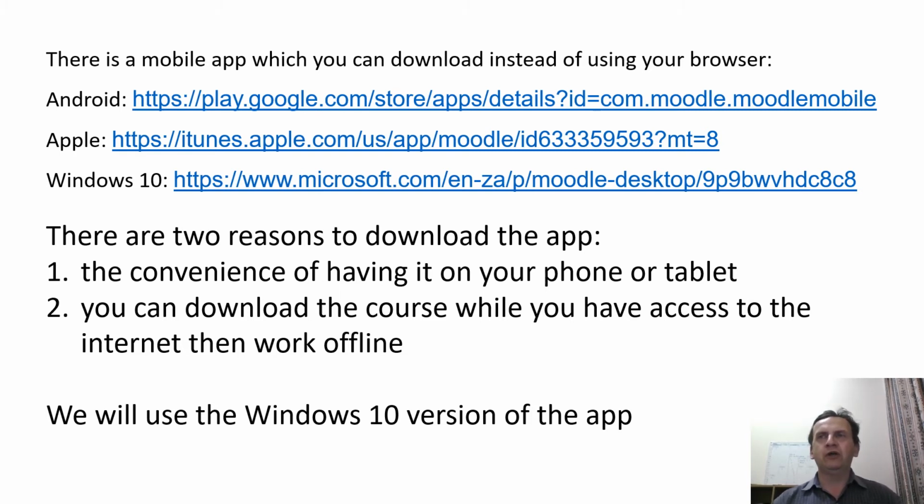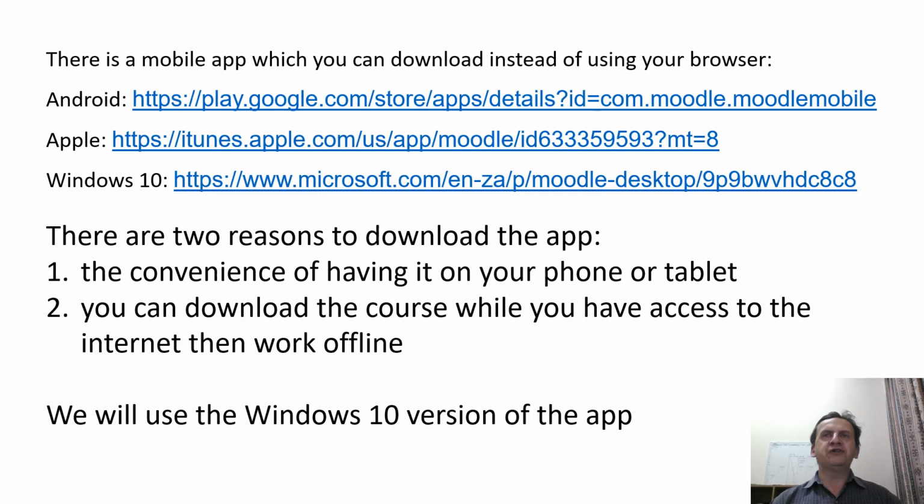So for example, you can go into an internet cafe and download some of the resources and then go home and read them and work on any assignments while you're in your own home. This is one reason why you would download the Windows version of the app, even though you already have access to the web version on your laptop.